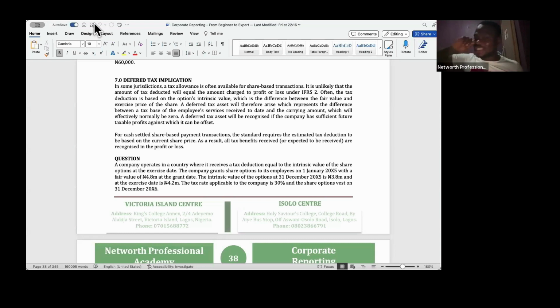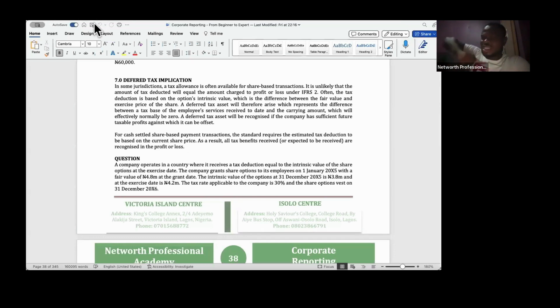Then we are looking at a deductible temporary difference. Whenever the taxman is saying, okay, I'm going to allow you this amount in the future, meaning you are going to enjoy a deduction in the future, then it is a deductible temporary difference, especially when the amount of deduction you would have is higher than what you have in your books now.